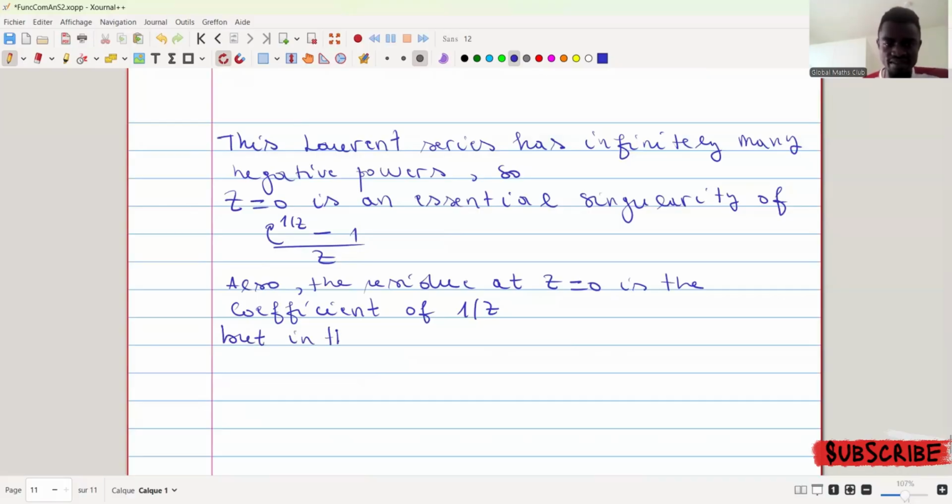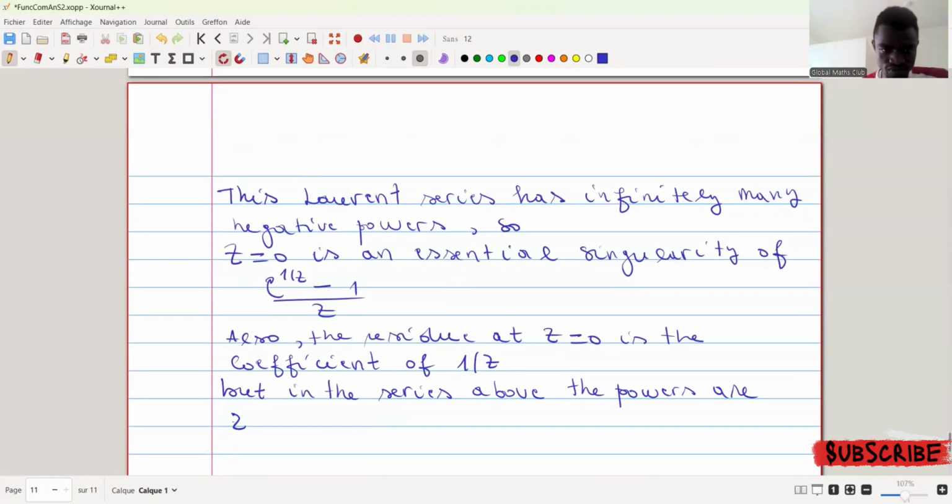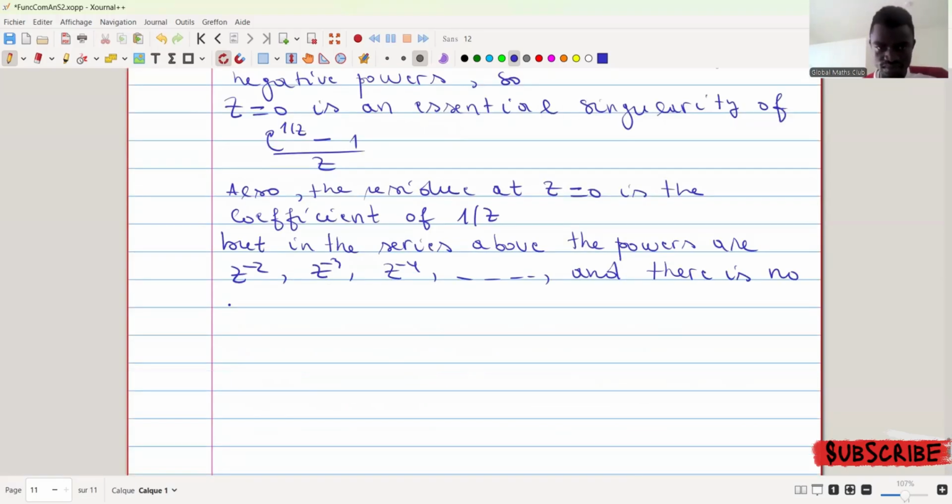But in the series above, you can see the powers. So you have z negative 2, z negative 3, z negative 4, etc. And there is no z negative 1 then.